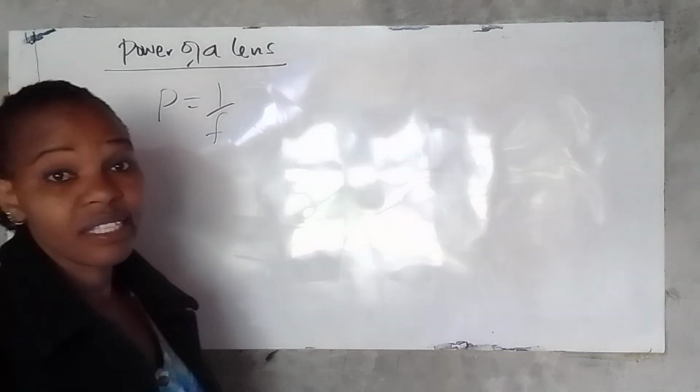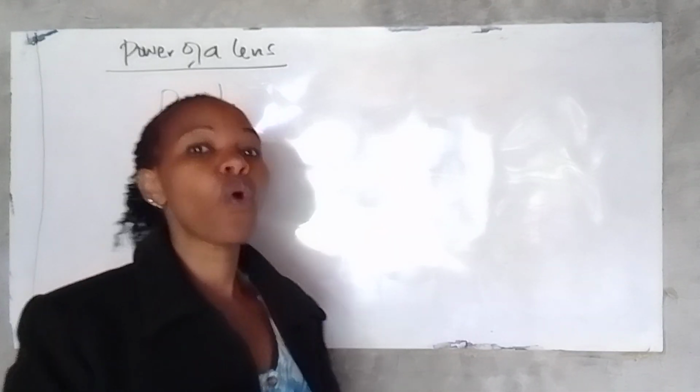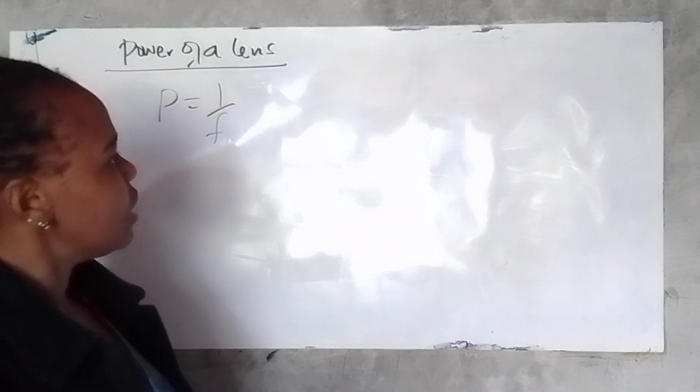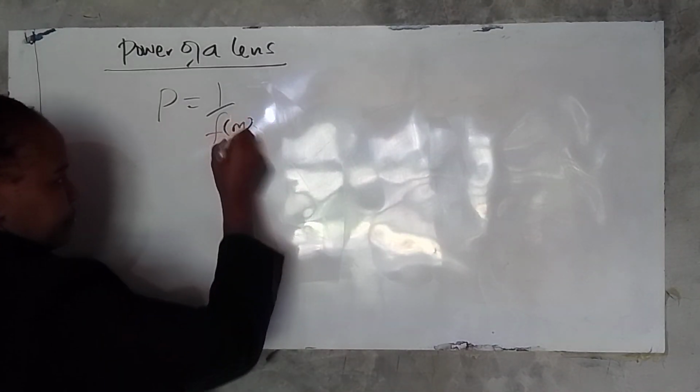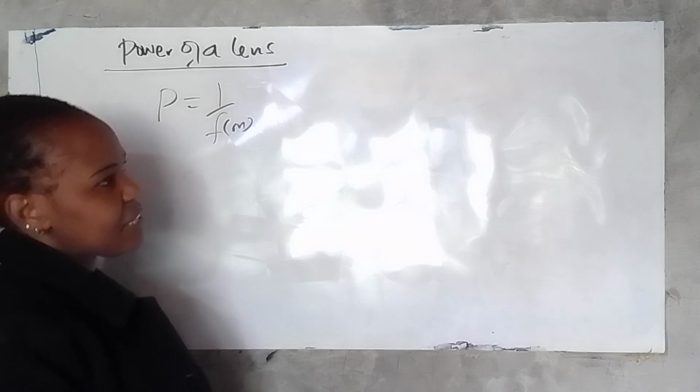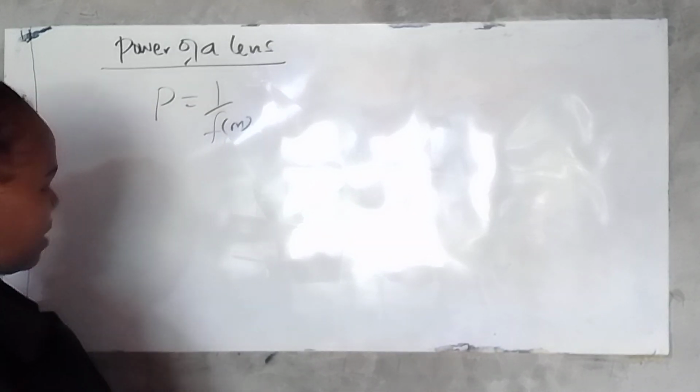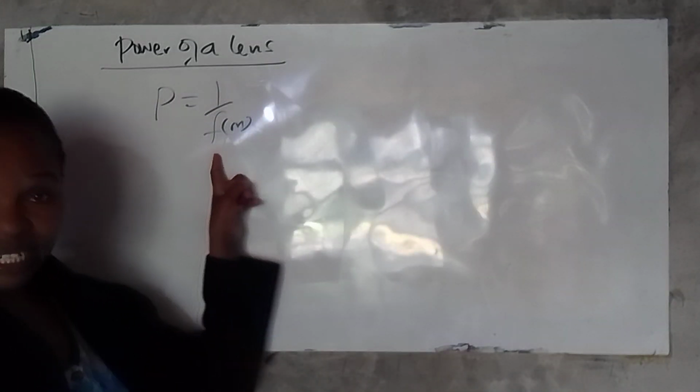Remember, focal length is small f. Capital F is the focal point or principal focus. But this focal length should be in meters. So what does that mean? You see, f is on the denominator side.